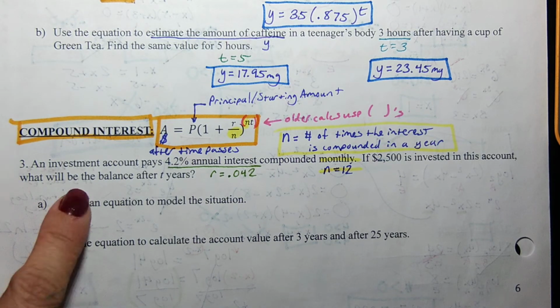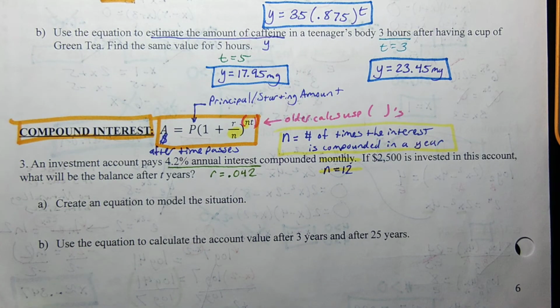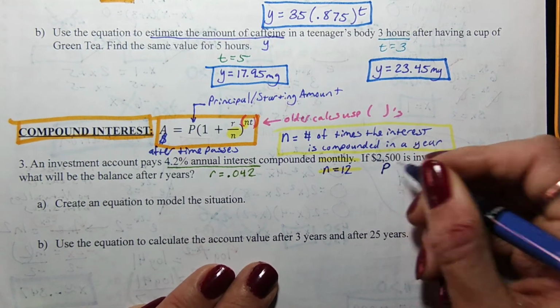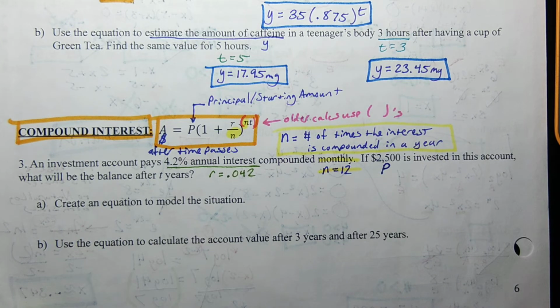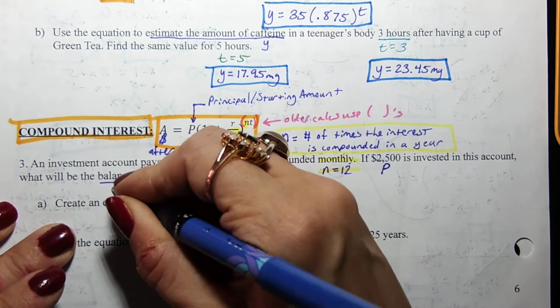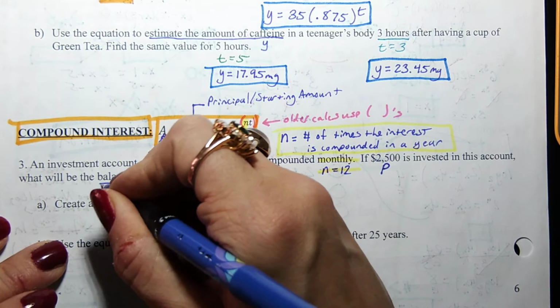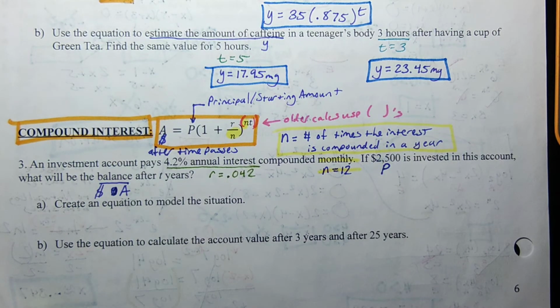What will be the balance? How much is in the account finally after T years? So $2,500 is invested initially. That's going to be our P. And we want to know the balance, or the Y value, sorry, the big A value on this problem. The dollar amount, the A value after T years.